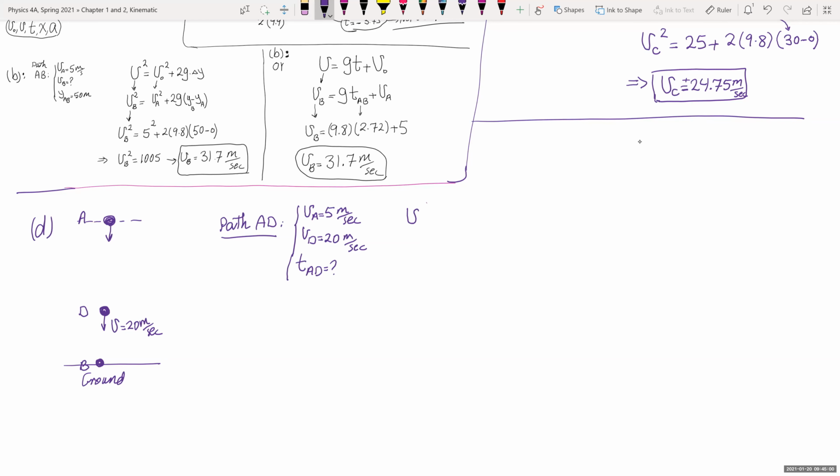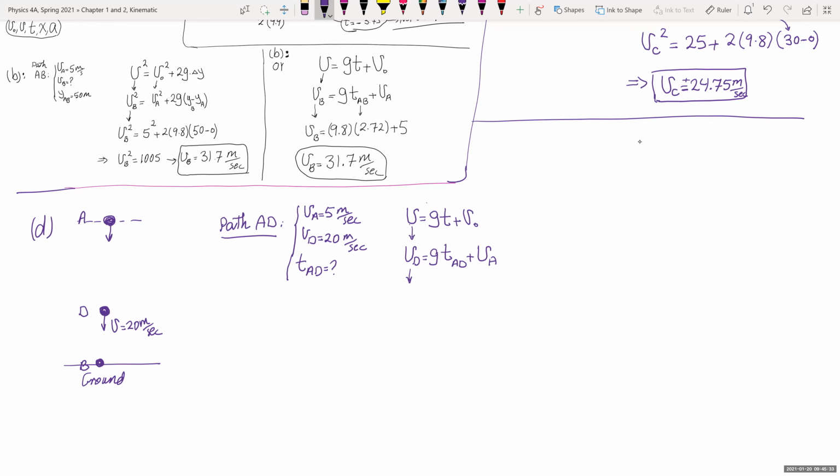I believe this equation is the best: V equals gt plus v naught. Final velocity, initial velocity, and time. So V is Vd, g is g, t is the time from A to D, and v naught is VA.